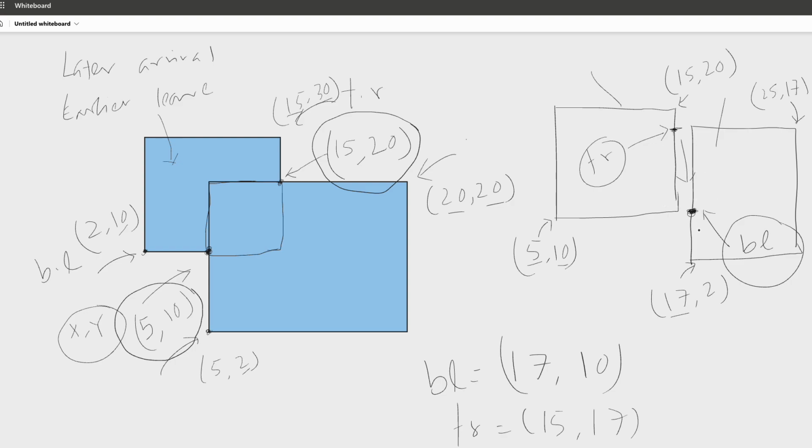This is obvious, because between the later arrival and the earlier leave there will be an inconsistency, which causes the bottom left point to be on the wrong side. So after calculating bottom left and top right, we can check for consistency. If they are consistent, then they overlap. If they aren't consistent, then these two rectangles do not overlap each other.